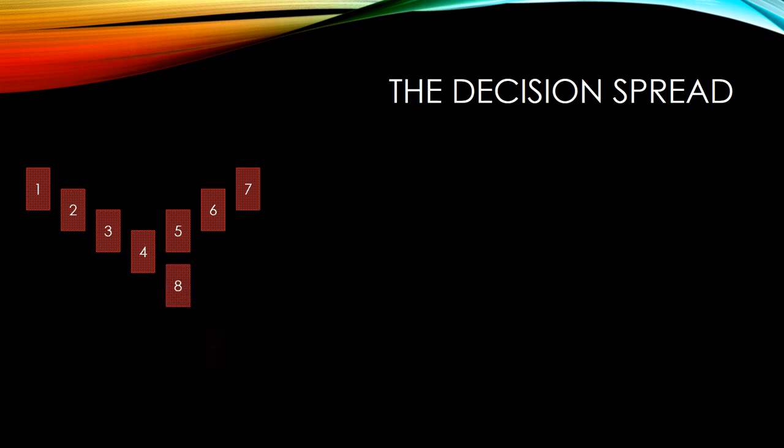Now, this is a unique spread in tarot in that you can follow the decision down each different choice. So you come to card 4 and you lay out 5, 6, and 7 already. You say, this is what's going to happen if you decide this way. But then suppose that's not enough information, and they need to know, well, what's going to happen if I choose the other way?